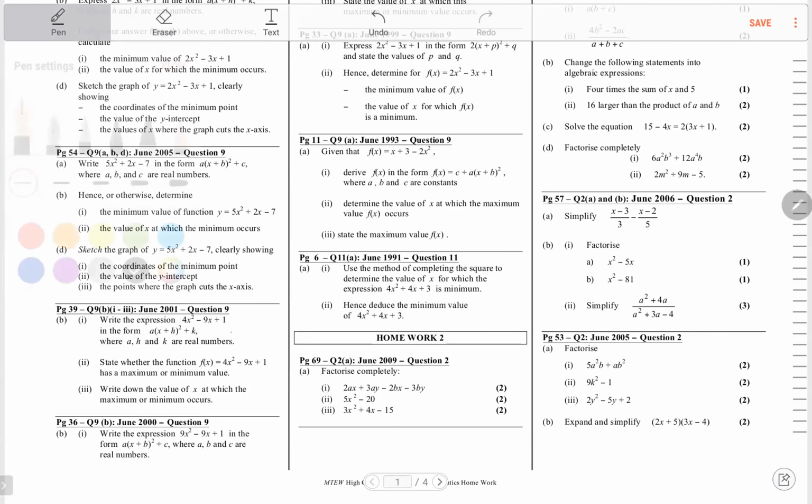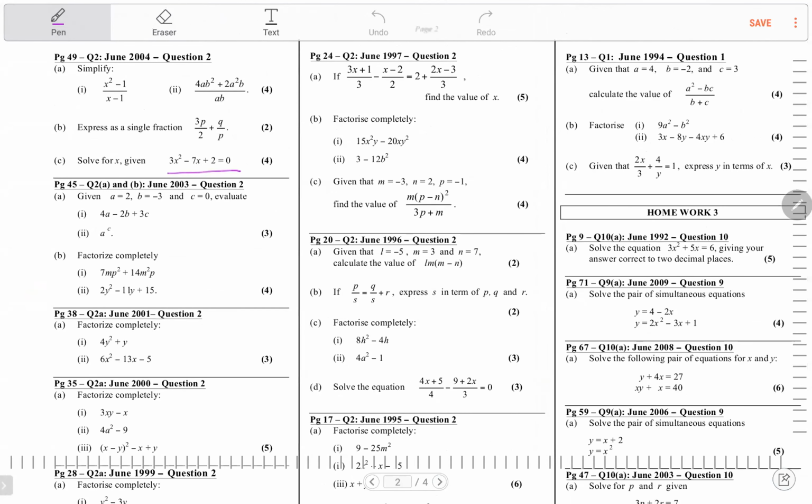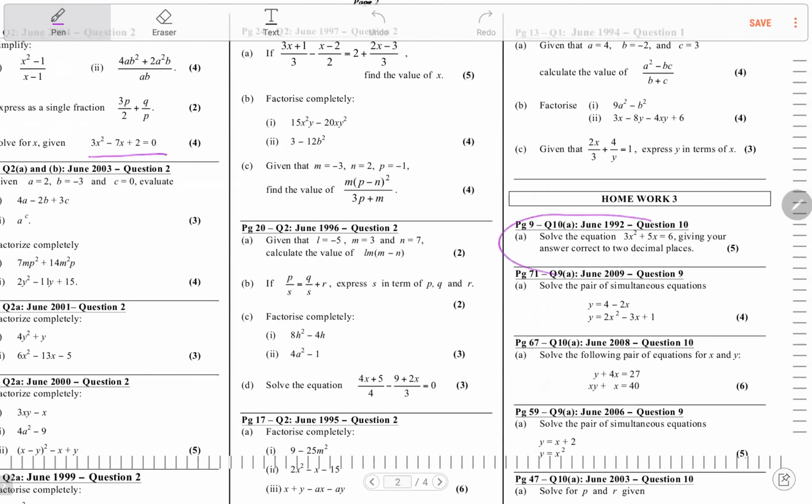All right, we can maybe try this time. Not try, do this time. Look at the next page. All right, let us do this question first, this one.